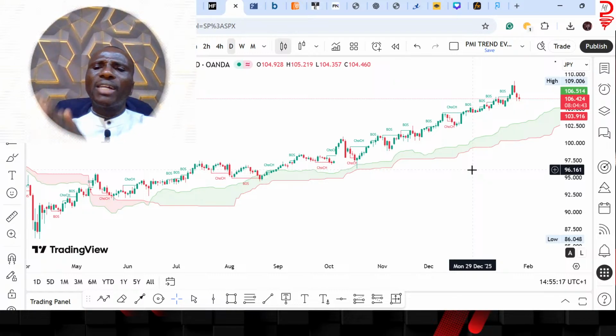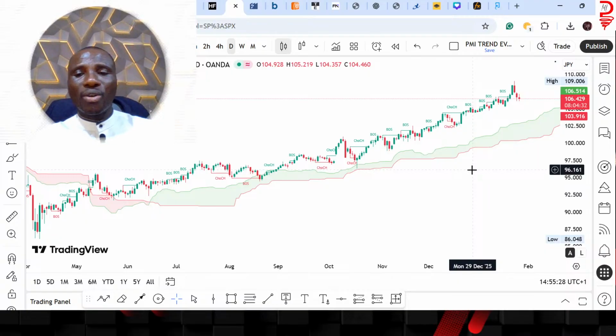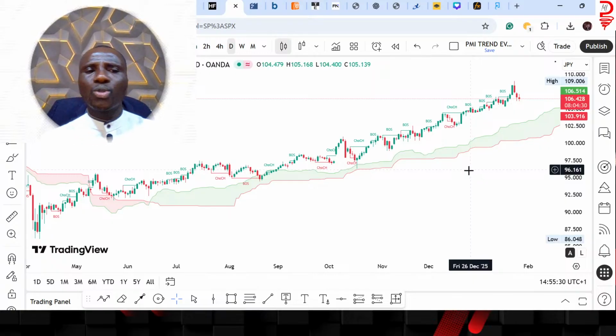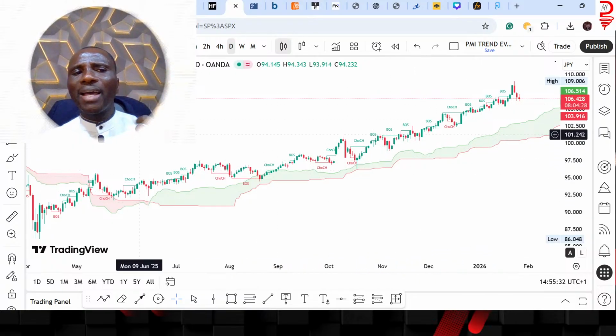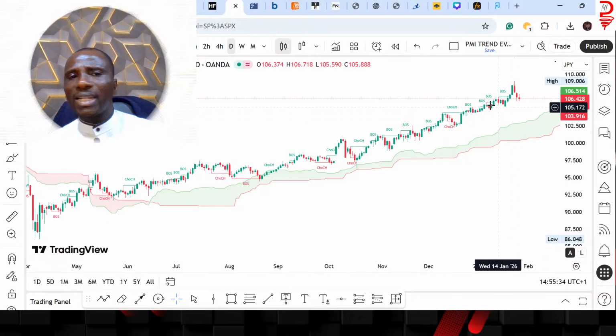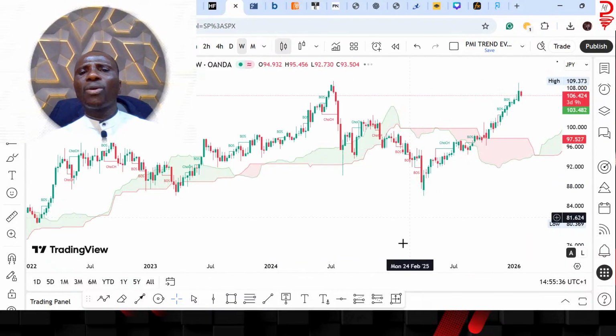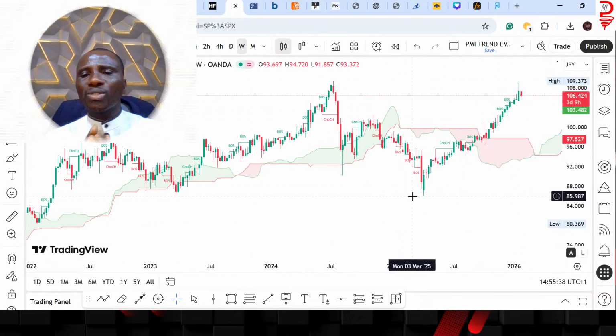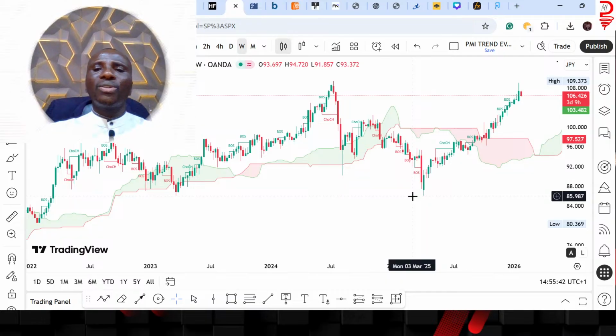So you don't just get to the chart and pick a particular currency pair to trade. There must be a valid fundamental and sentiment rationale behind your selection of assets, and that is what we do. So we are also expecting a buy on AUD JPY, all other things being constant. Why? Because the tone of the market as of today, 27th of January 2026, is a risk on dollar aversion.